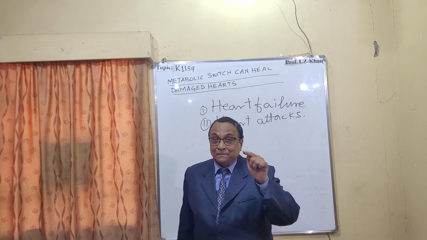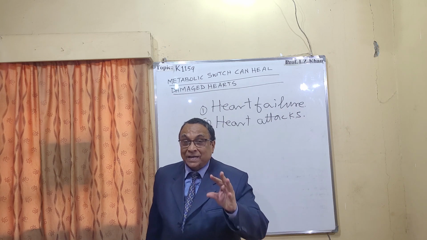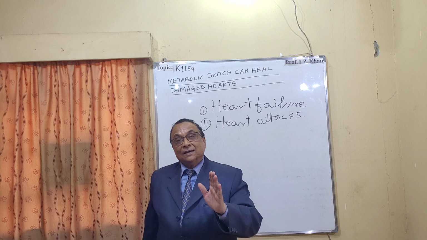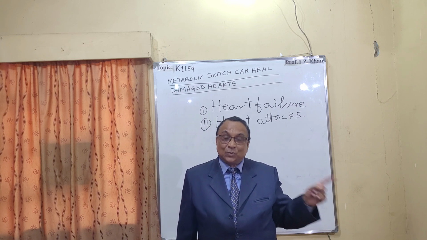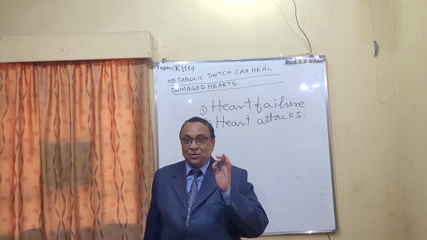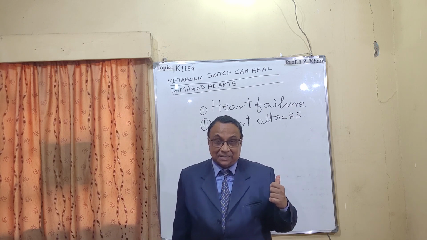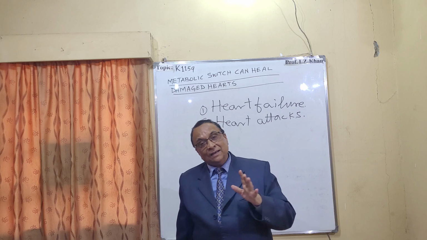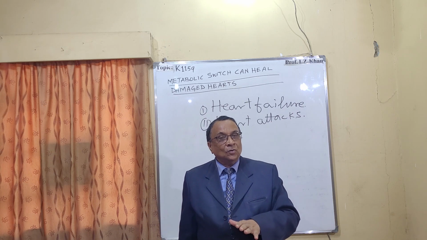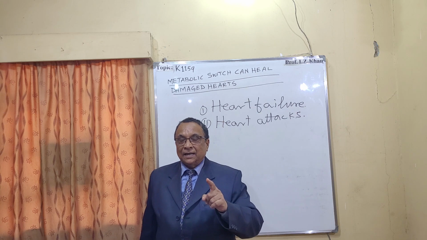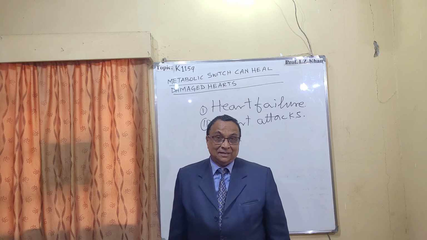So that energy powerhouse is already stopped, disturbed because of this metabolic switch. And if this metabolic switch is corrected according to these research papers, then there is a chance of multiplying the new cardiac cells.